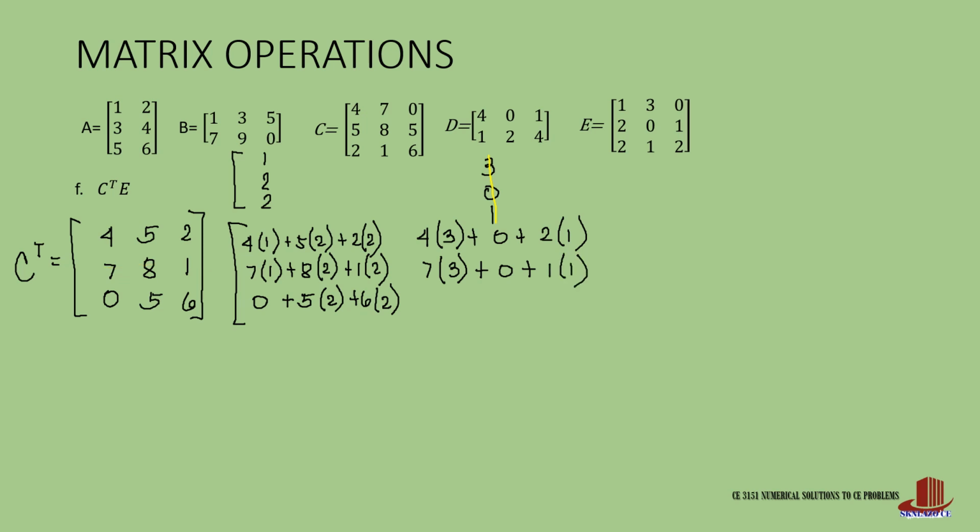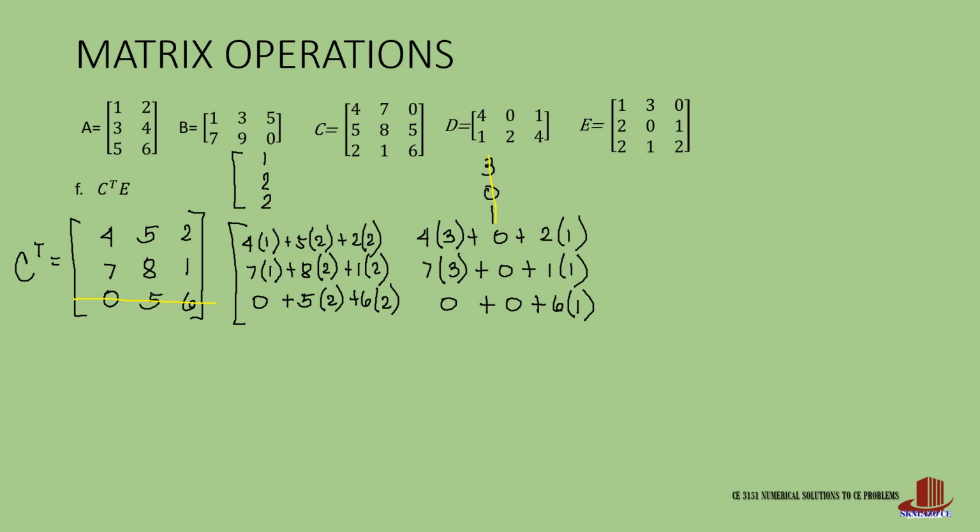And for our third row, that would be 0 times 3 or 0 plus 5 times 0 or 0 plus 6 times 1. And that would be for our second column.